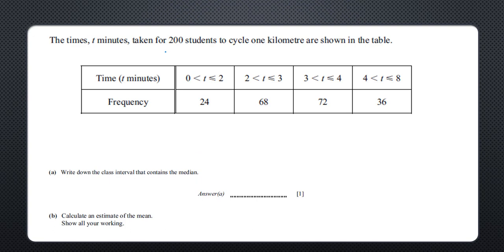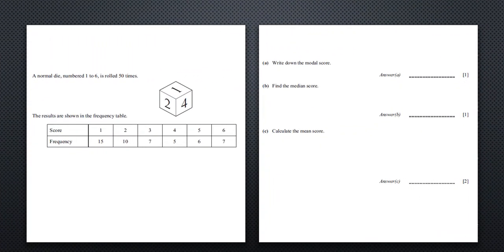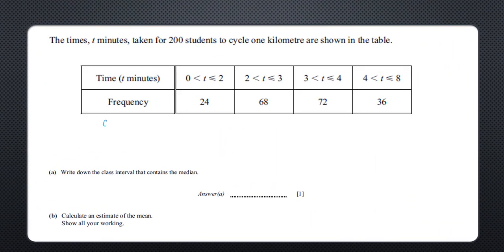So in this question, we have again 200 students who cycle 1 kilometer, the time intervals and the frequencies of the students. We need to find out the class interval that contains the median. So here again, we will have to complete this table in terms of the column of cumulative frequency.